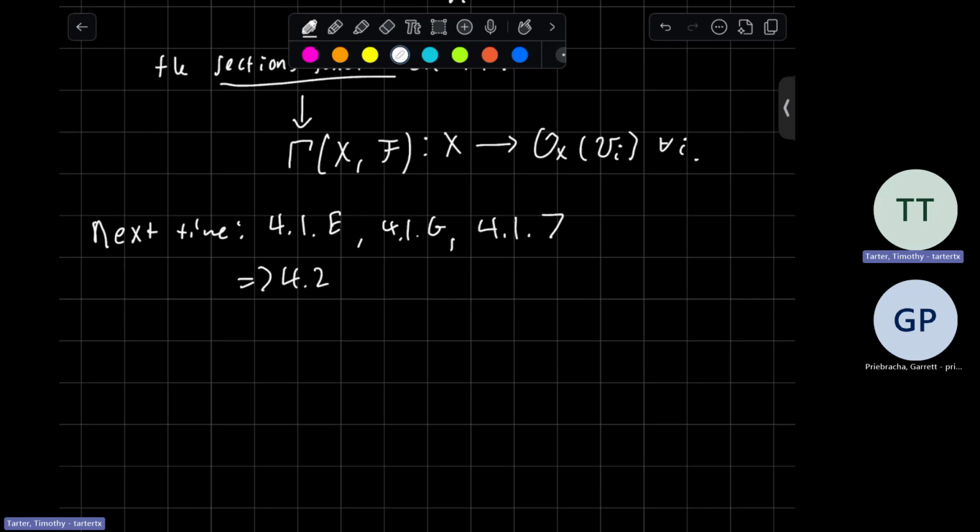And those should be pretty fast. And 4.2 is nicer because it's about visualizing schemes. Oh, perfect. And 4.3 is mostly definitions, and so is 4.4. And since we're doing a double session tomorrow, we can probably get through a non-trivial amount of chapter 4.